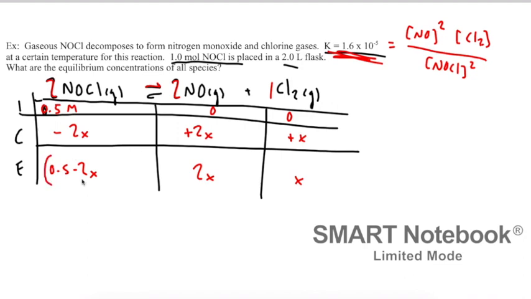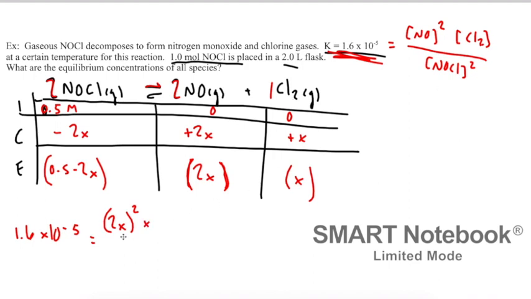Just plug in these for each of these. So when I do that, I'm going to get 1.6 times 10 to the negative 5th equals the concentration of NO squared. So that's going to be 2x, the whole thing squared, times the concentration of Cl2 divided by this 0.5 minus 2x, and I'm going to have to square that.